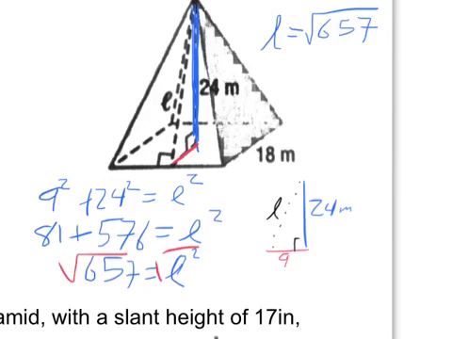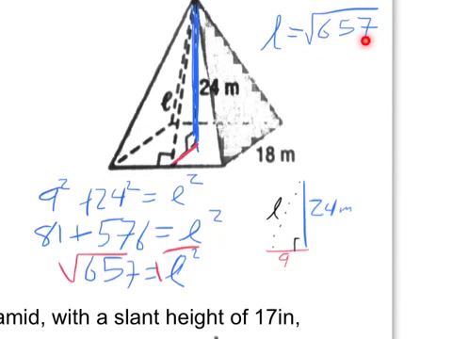And so one of the things that we want to do is simplify these if we can. So what I like to do is check and see if there's any perfect squares that go into it. Right away, I see that 6 plus 5 plus 7 equals 18, which means that this number is divisible by 9, because 18 is divisible by 9.